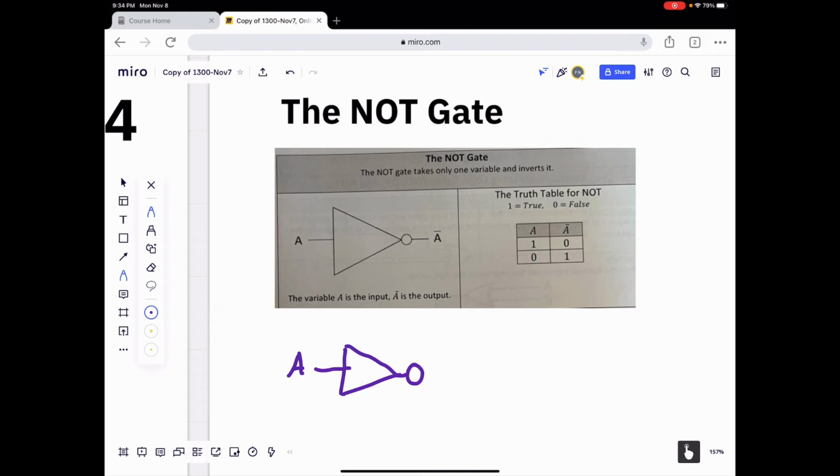Some people write A with a bar line on top. So the NOT gate is a negation: if A equals 0, then NOT A equals 1. It's the opposite of the input.